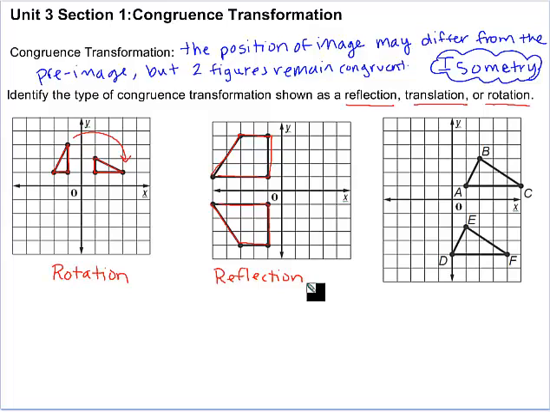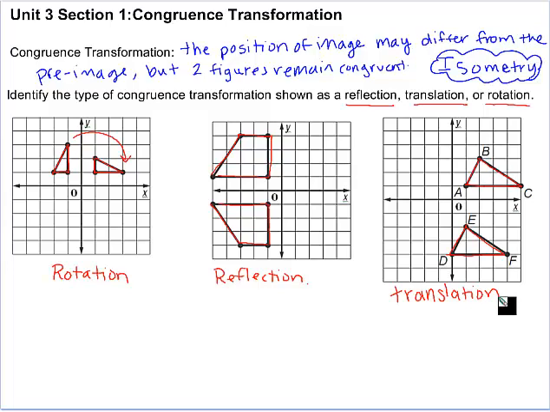And our third diagram here is two different triangles, a triangle ABC and DEF. Take a look that they are not rotated or reflected, but instead it looks like they were translated down. So this is our transformation of translation. So just being able to identify it. And once again, we just learned this, so this should be pretty simple and straightforward.